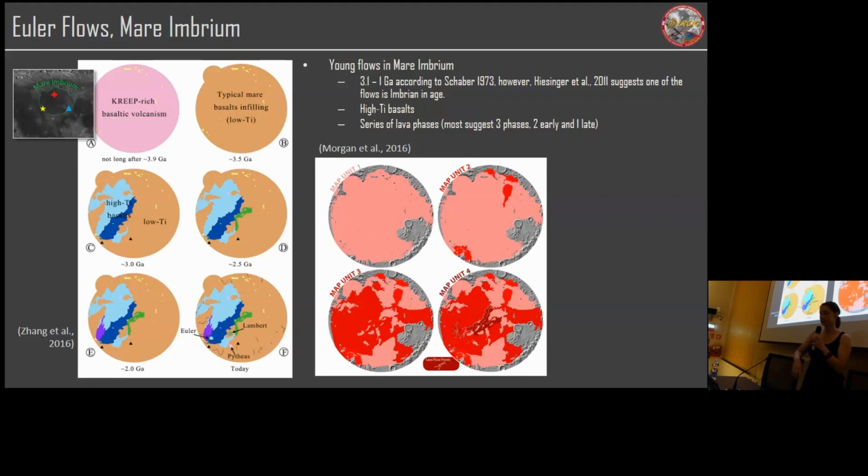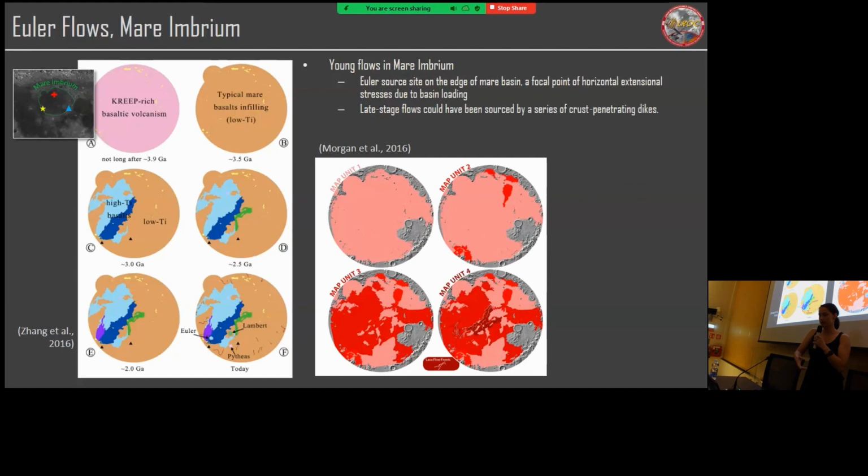These are high titanium basalts, and most scientists agree that there's a series of lava phases, or it suggests that there are 3 phases of flows, 2 early on and then 1 later.